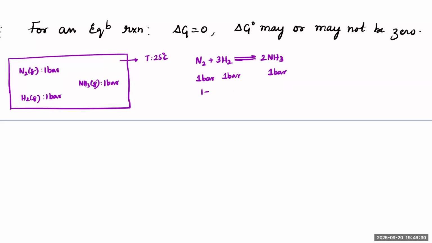Now I can say that it is 1 minus x, 1 minus 3x, and 1 plus 2x. Can I say that the Kp value will be greater than 1? Because you can see the product's value is greater than 1, and the reactants' value is less than 1, because reactants will be in the denominator. That will increase the value of Kp. So Kp will be greater than 1, which implies delta G naught value is less than 0, which implies spontaneous in the forward direction. This is what I'm trying to tell you.